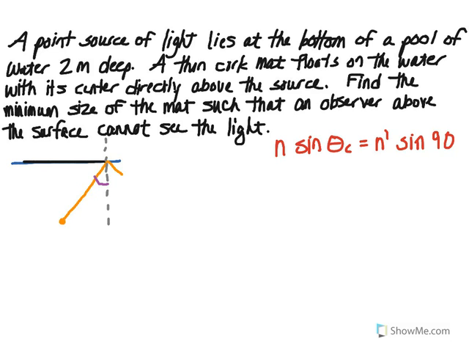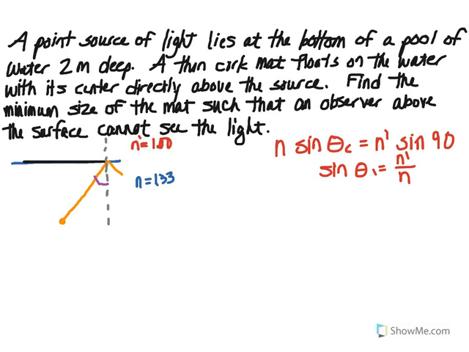And we can simplify that to say the sine of theta c equals n prime over n, because the sine of 90 is 1. And what is our n prime, what is our n? The light is starting off in the water, so your n is equal to 1.33, and then the air above the water is your n prime, which is 1.0.